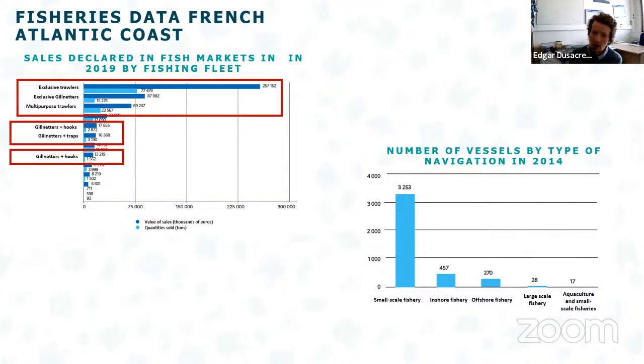In fact, this is a much more small-scale fishing activity, and we can have contact with fishermen. We can work and evolve with fishermen. We can better understand the topic and the subject with these fishermen, and we are currently working with them.